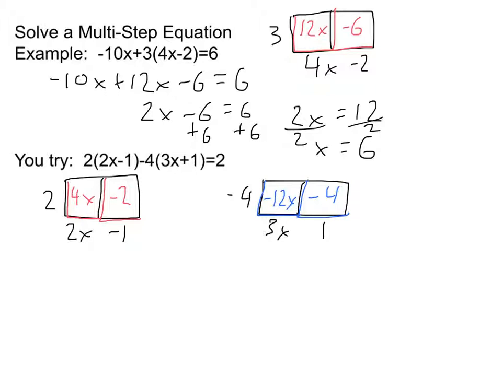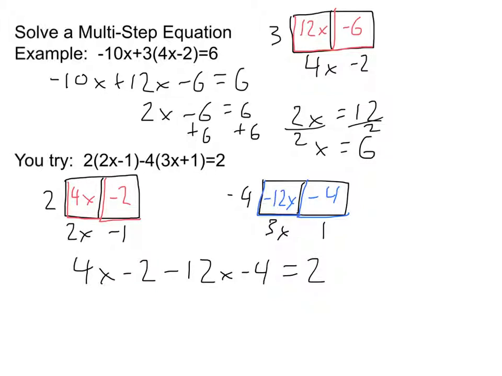So now if I rewrite the equation, this part of the equation is 4x minus 2. And this part of the equation is the next generic rectangle, minus 12x minus 4. Then we have equals 2 to finish our equation.